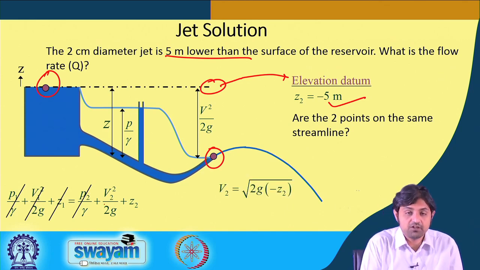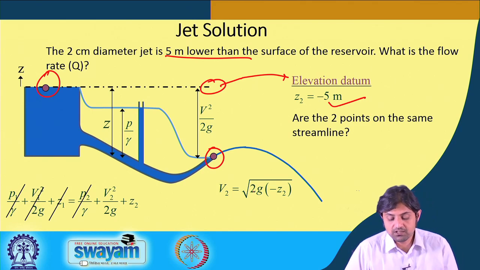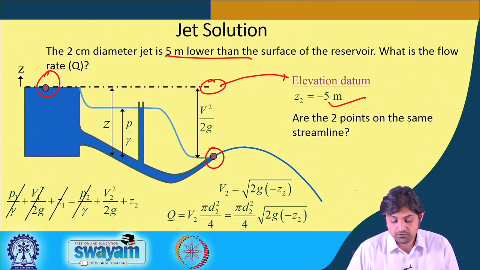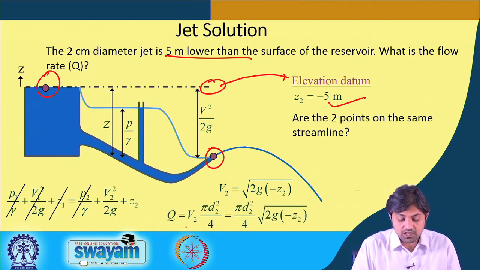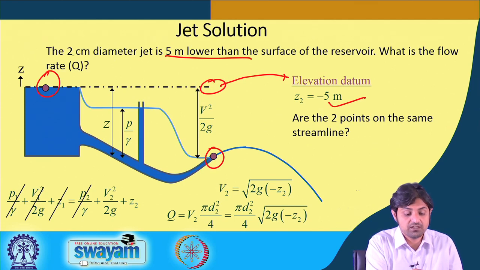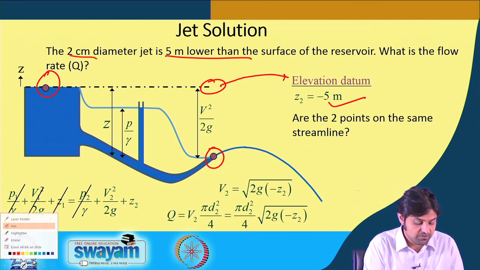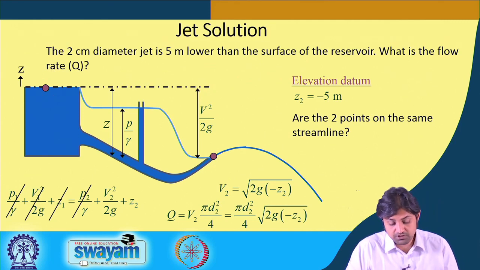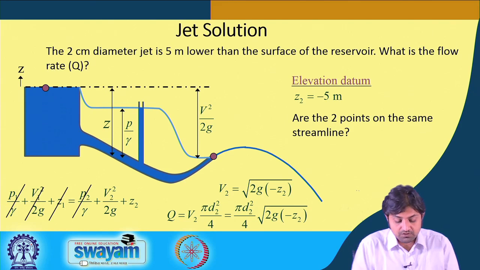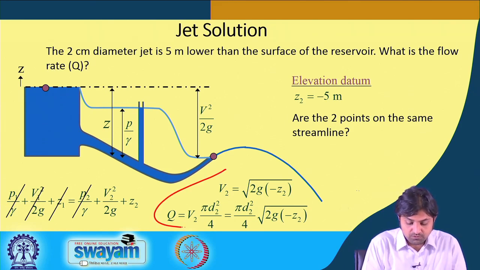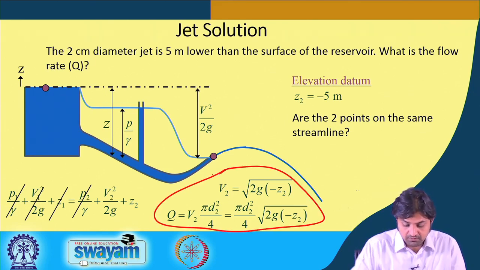Now there will be a velocity, and because there is Z2, V2 will be the square root of 2g times minus Z2, and the discharge will be pi d square by 4, where d is the diameter, the 2 centimeter diameter jet, times the square root of 2g times minus Z2. Very simple applications, but it is important to apply it to these cases. So these are our two results.